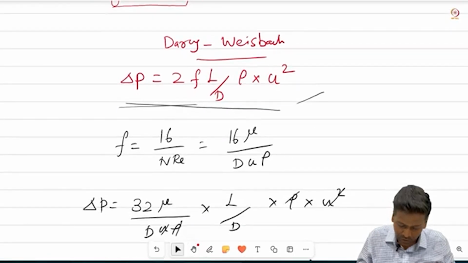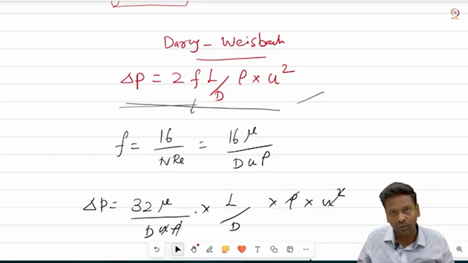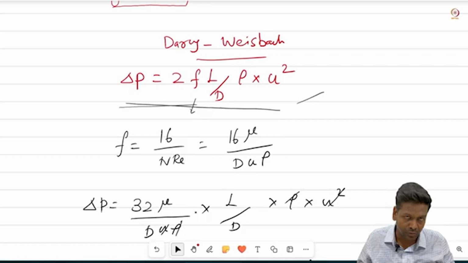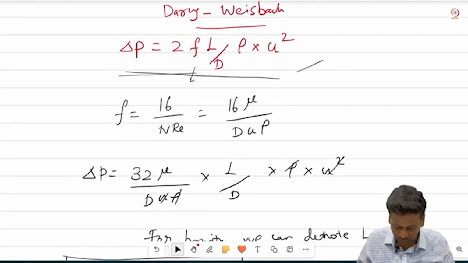In this equation, you see that there is something called the friction factor. We are going to assume laminar flow, because the flow is going to be through the porous channels. So it is safe to assume laminar flow.